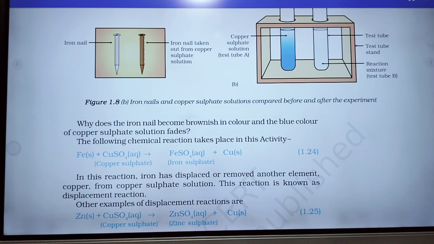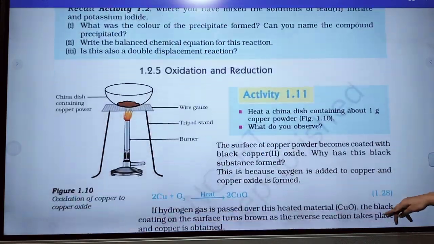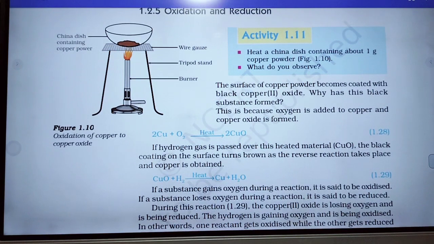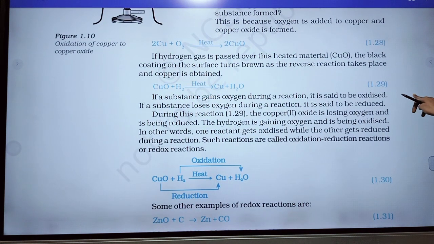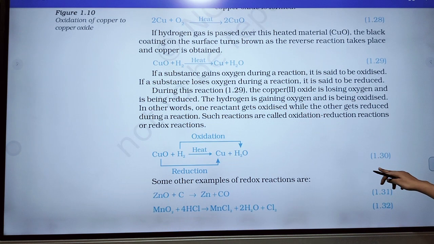Next is double displacement. Okay, so let's see. If a substance gains oxygen during a reaction, it is said to be oxidized.